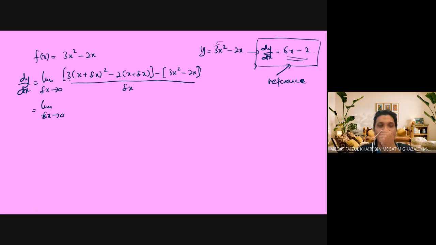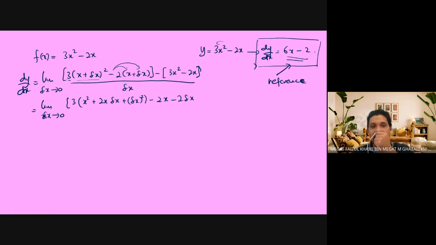For this, 3 times (x plus delta x) squared, which means that we need to expand this first and multiply with 3. So first is 3x squared plus 2x delta x plus delta x squared, minus 2x, and then minus 2 delta x.